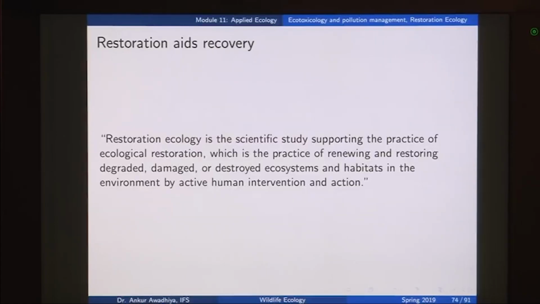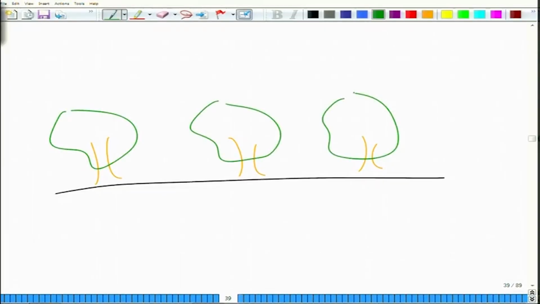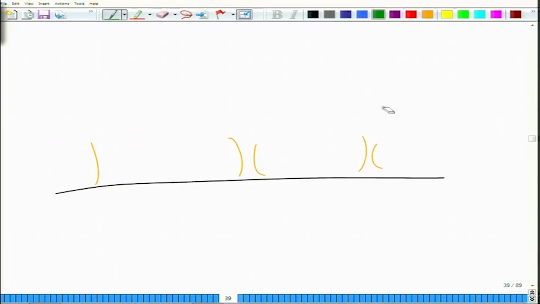Now, to give you a very small example, if there is a forest with a number of trees, and then there was a mining activity. For mining you need to clear off all the trees, so you removed these trees, then you performed a mining operation.